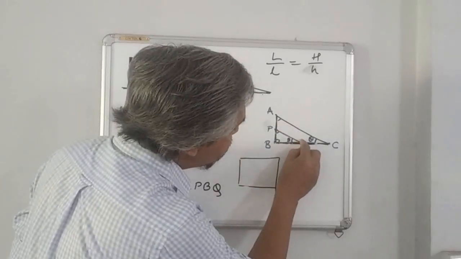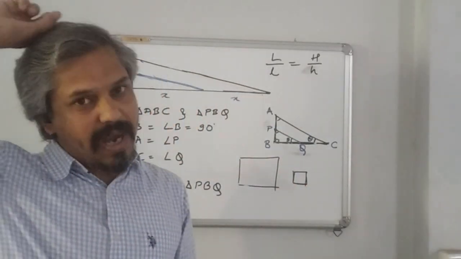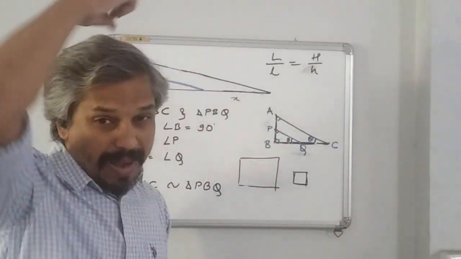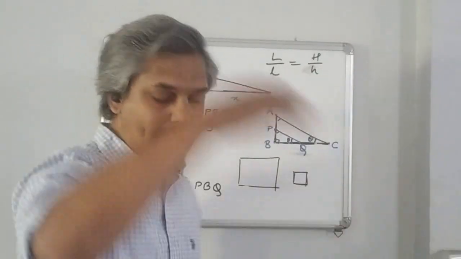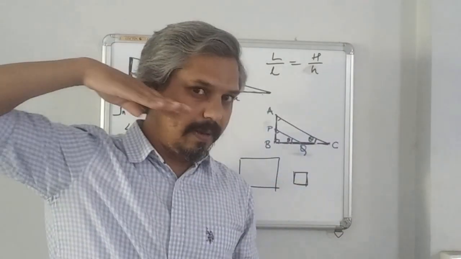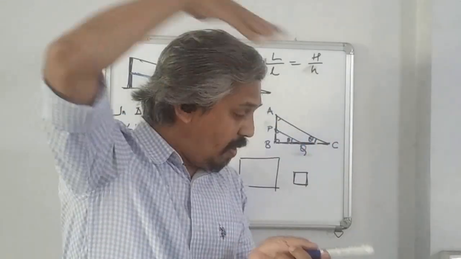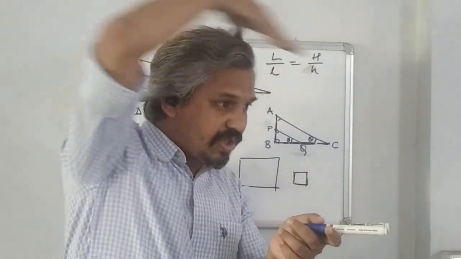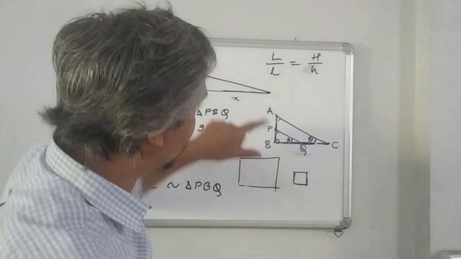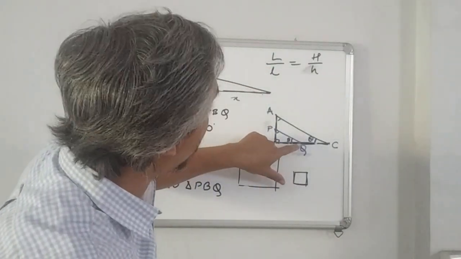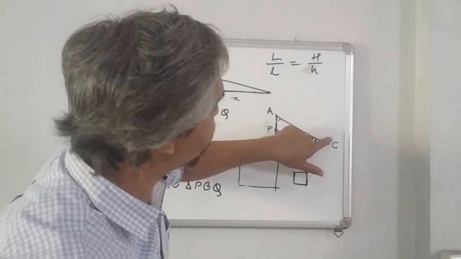And this distance is the distance traveled by the sunlight from the head to the tip of the shadow. This distance for the son is half of the same distance for the father.